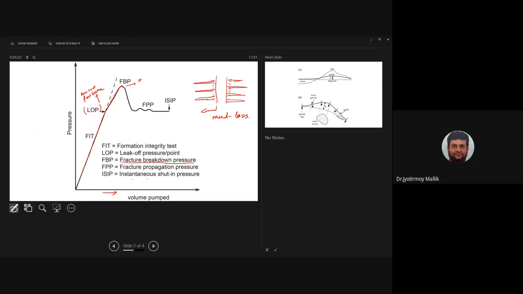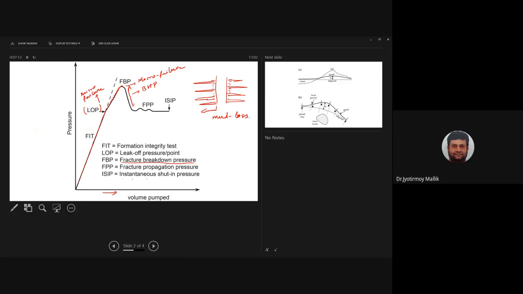This is the point of macro failure, at fracture breakdown pressure, and a lot of mud will be lost in the formation, and there will be a sudden jump in the bottom hole pressure. Okay, the BHP, the bottom hole pressure, the pressure that you measure at the wellhead, that will be lost.